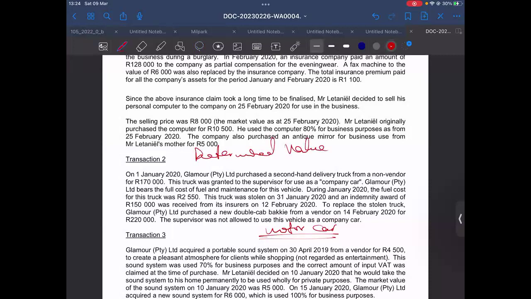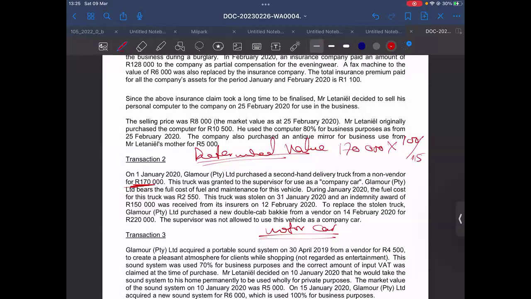What is determined value, good people? Determined value is simple: the purchase price excluding VAT. The vehicle given to the director was purchased for 170. So the determined value is going to be 170 times 100 over 115. Right, that's the first step.